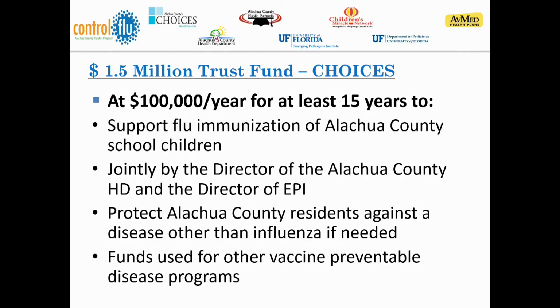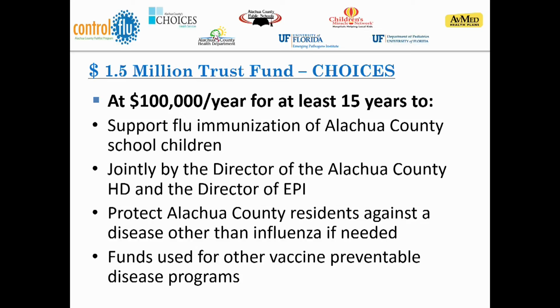So in order to keep this program going, though, you have to have funding. And so the way we did this was we went to Choices, which is a fund that was not going to be working anymore, and we asked them for $1.5 million of the leftover money, and they did this for us. They put it into a trust, and we get up to $100,000 a year to help fund the infrastructure of the program.